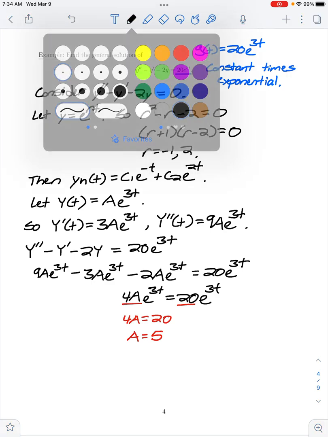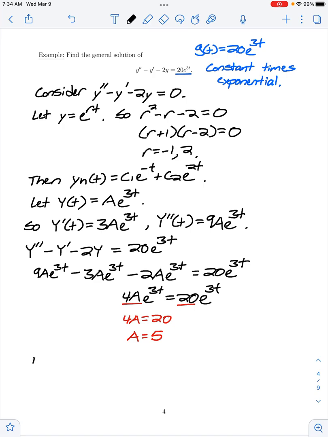So substituting this value back into our particular solution, we find a particular solution, capital Y, would be 5 e to the 3t power.